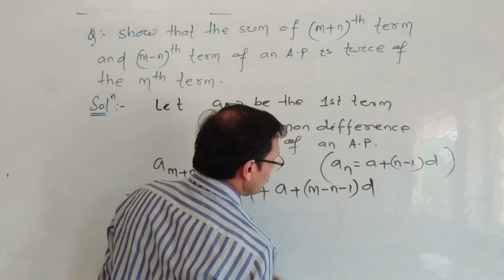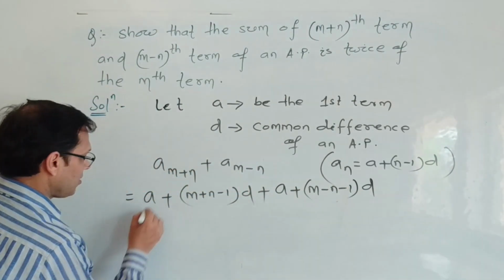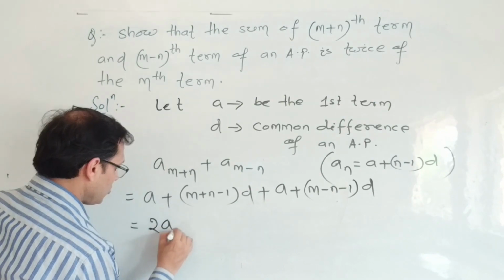So the m plus nth term can be written as a plus m plus n minus 1 into D, plus the m minus nth term, which can be written as a plus m minus n minus 1 into D. That is nothing but a plus a is 2a.